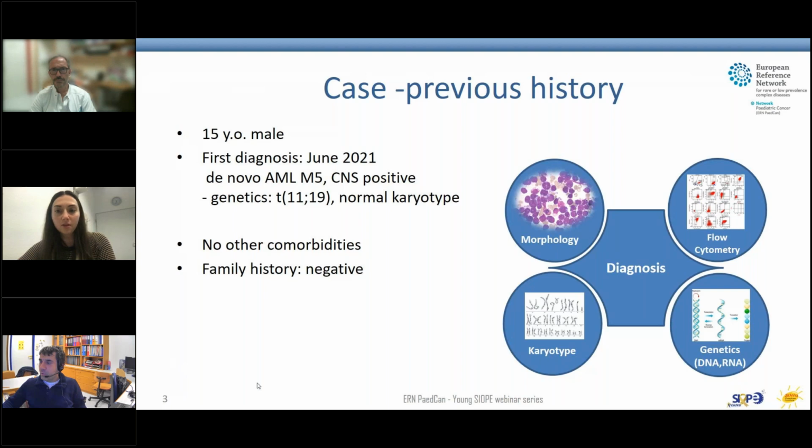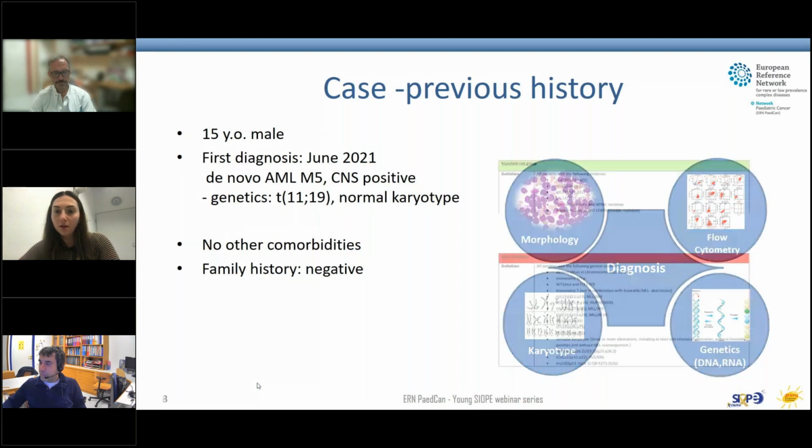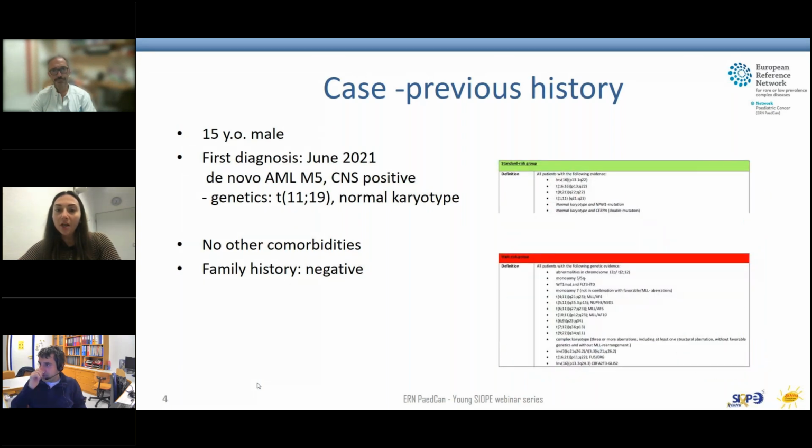We talked about the morphology, so we have to do one click, and then the second click is for flow cytometry, so that we can see the cycles that are popping up.